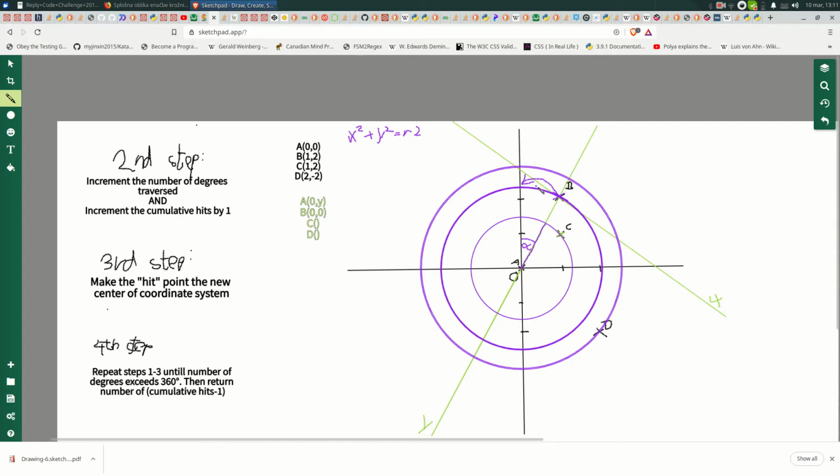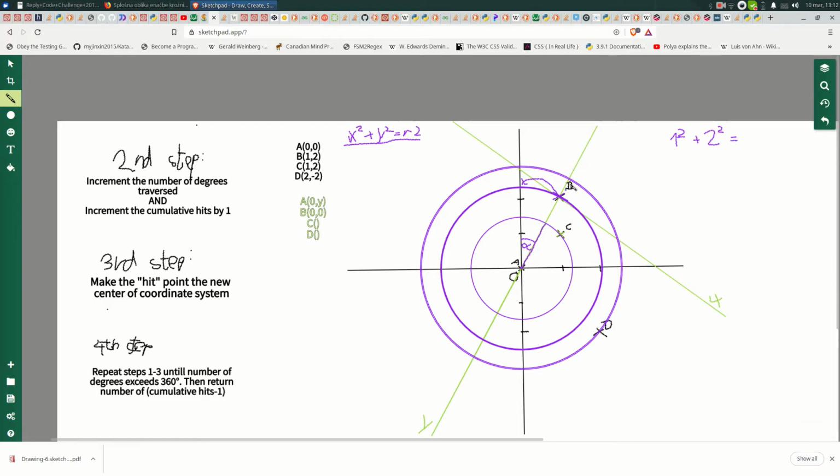First we make the B's expression for the circle, so for the B circle, x² is 1², plus y², and y is 2, plus 2² equals r², which is r².